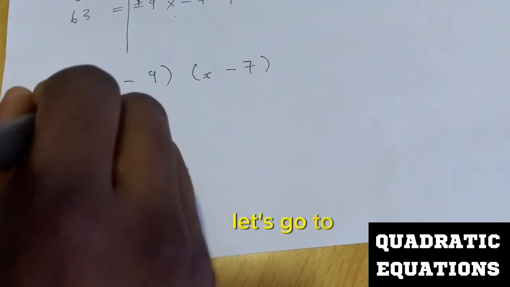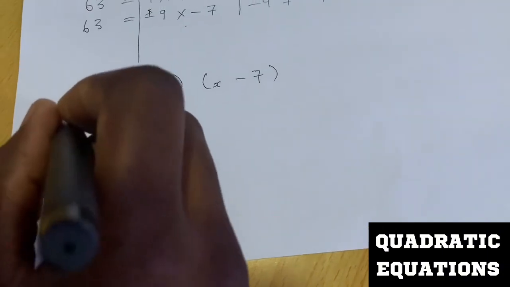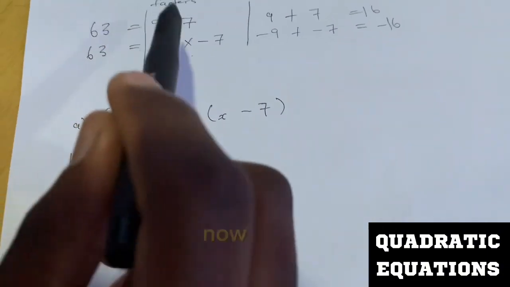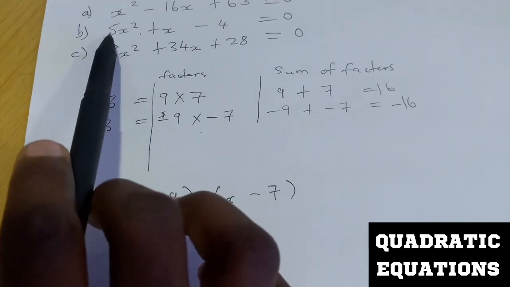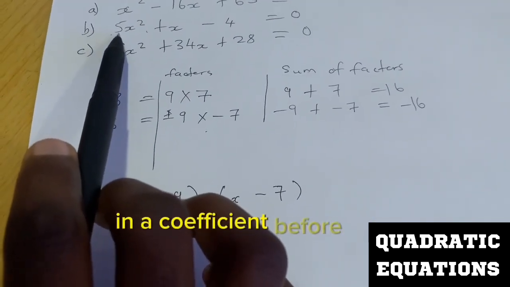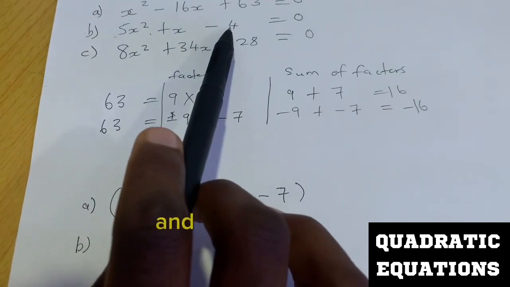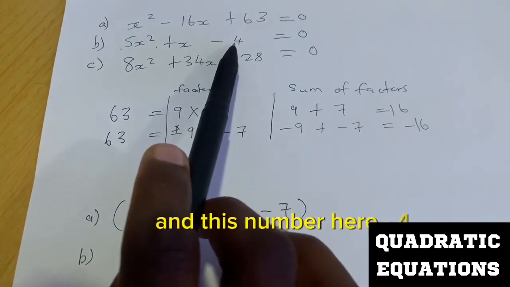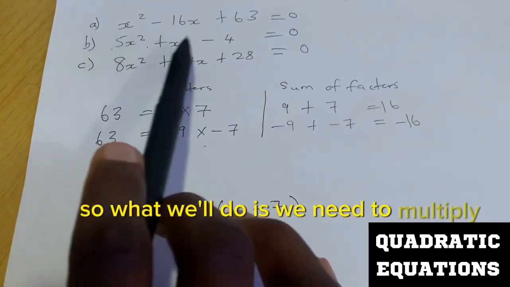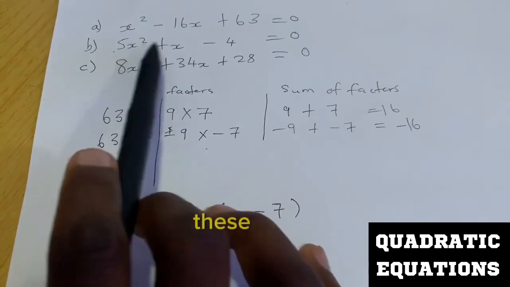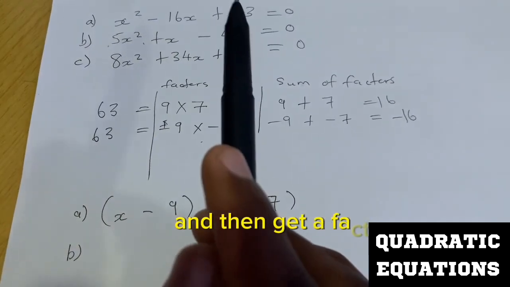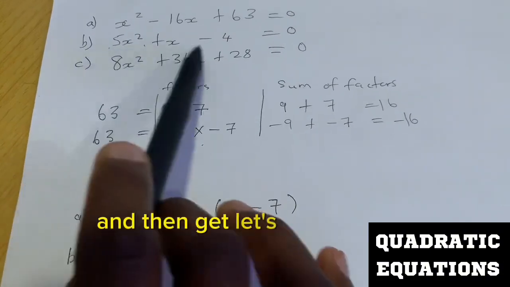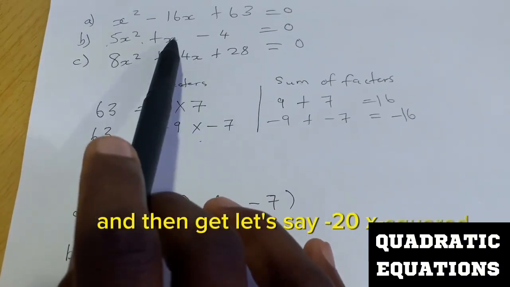Let's go to the second one, B. Now in this case, this second problem has got a coefficient before x squared and this number here, minus 4. So what we will do is we need to multiply these two factors and then get, let's say, minus 20x squared.